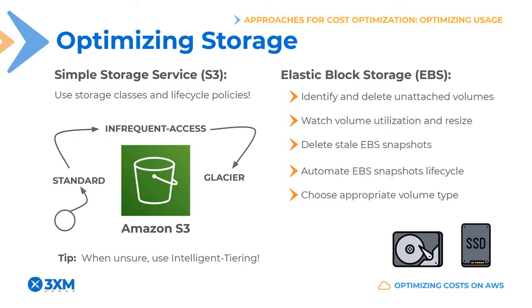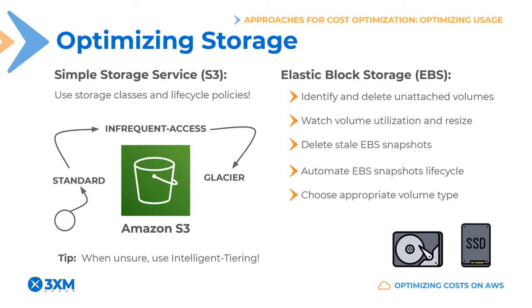So make sure you understand the different tiers and store your data in the correct one, depending on whether it's accessed multiple times per day, once a month, or once a year. These different access patterns should determine which tier you're storing your data in. If you're not sure, you can use intelligent tiering, which analyzes access patterns for you and transitions your objects to the most suitable storage class.